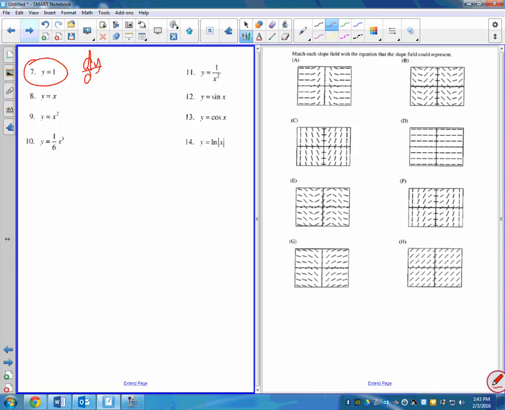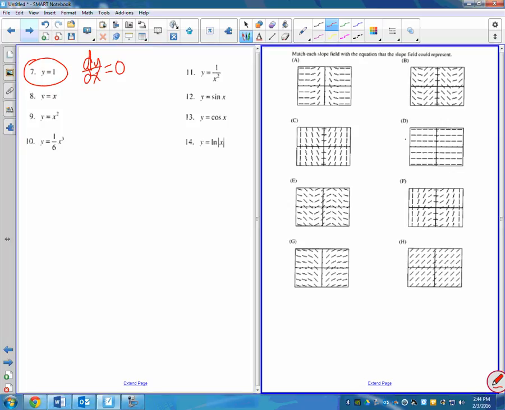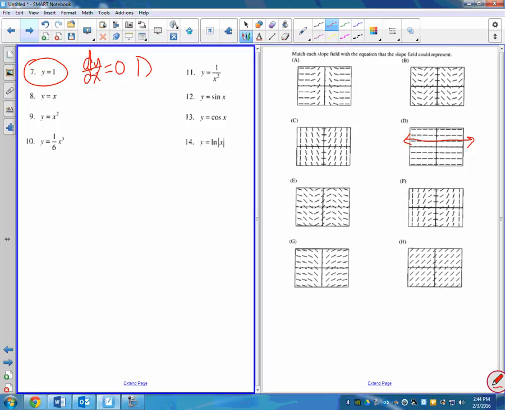Well, the derivative would be 0. So look at each of those choices, and is there a graph where the derivative is always 0 no matter what? D, right? If you drew in the equation y equals 1, it would match perfectly, since it always has a slope of 0. So question 7 should be letter choice D.